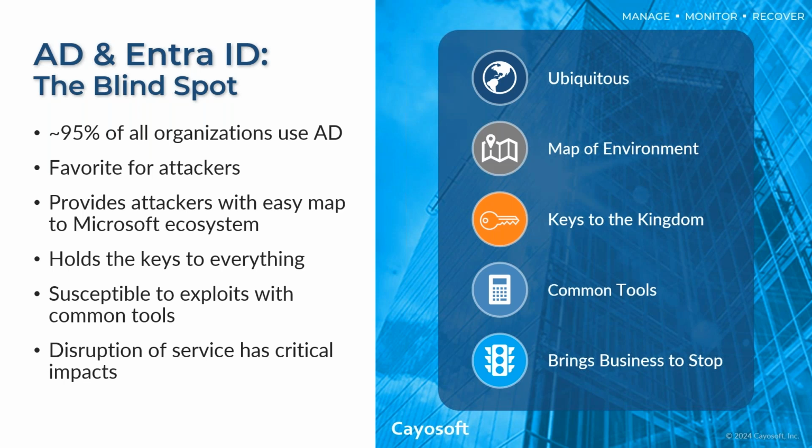And again, these are easily downloadable from GitHub or any other services out there. They also know that a disruption of the service has critical impacts. It actually brings the business to a stop. So again, it's widely used. It's a 24-year-old technology. It's often overlooked by organizations, but not by the attackers.